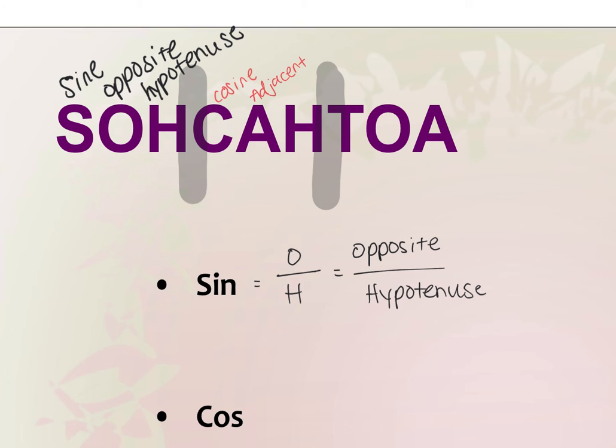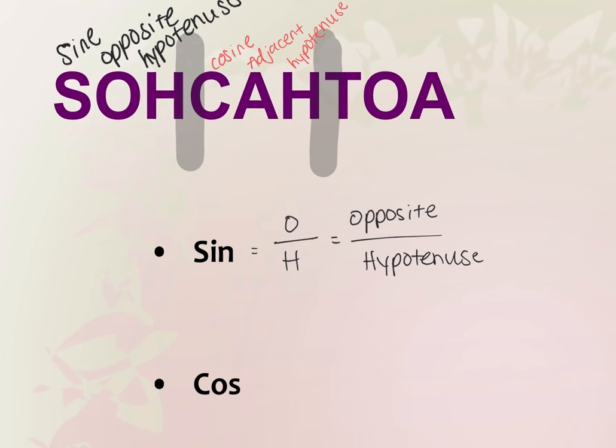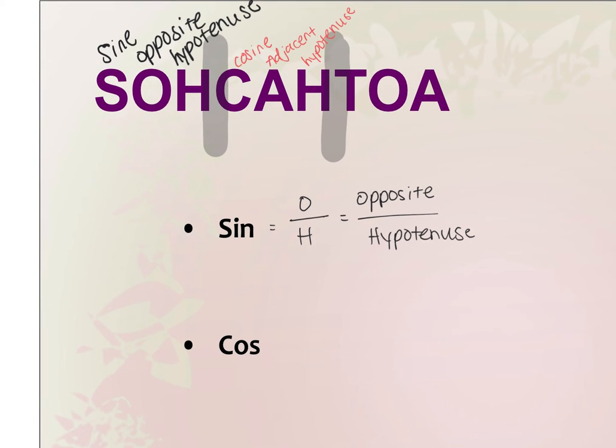And the H stands for, what do you guys think? Hypotenuse. Okay, so how we write cosine is cosine equals A over H, the CAH in SOHCAHTOA, and this is adjacent over hypotenuse.